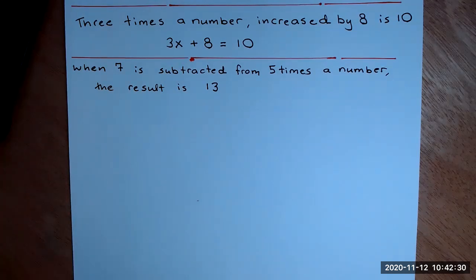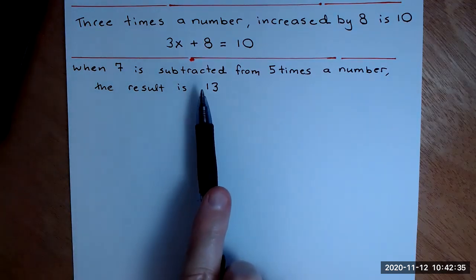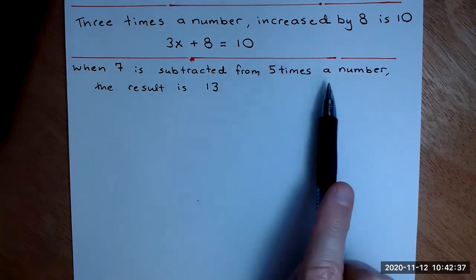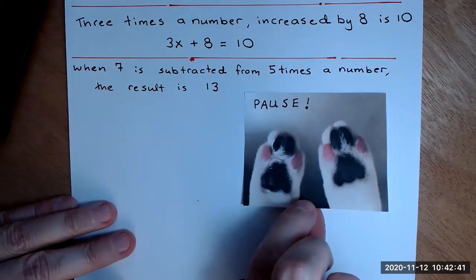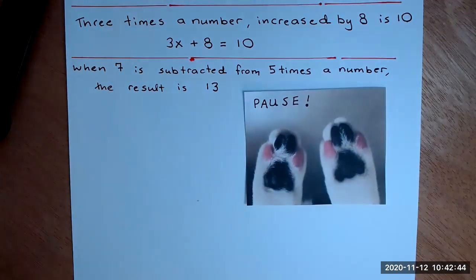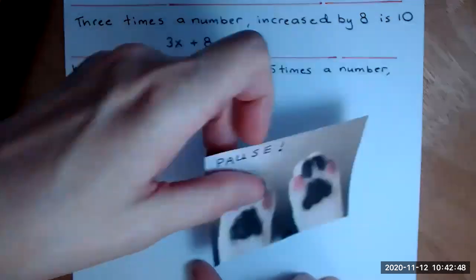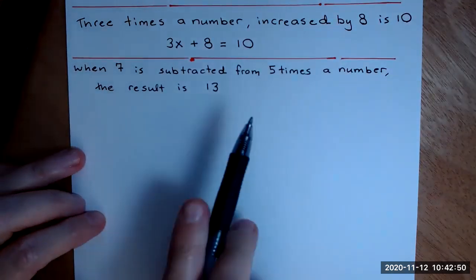All right, this one's more challenging, but I know you can do it. When 7 is subtracted from 5 times a number, the result is 13. So I would hit the pause button and try that one. All right.